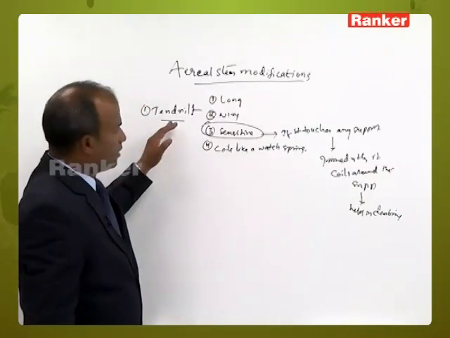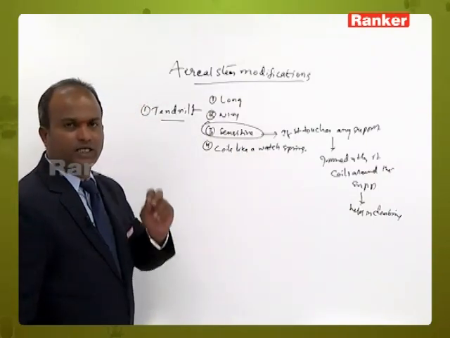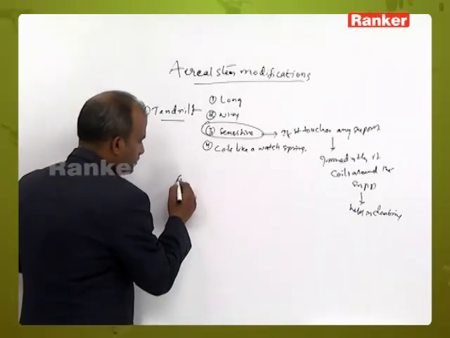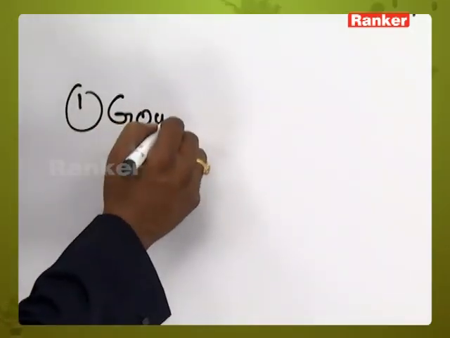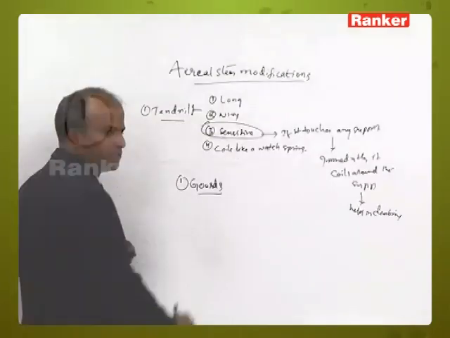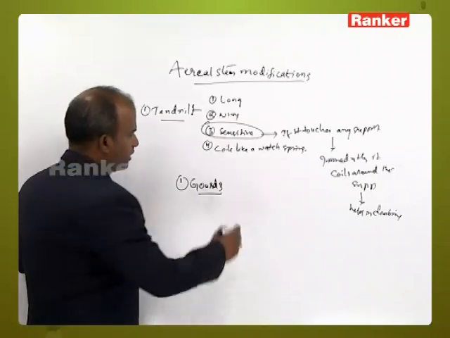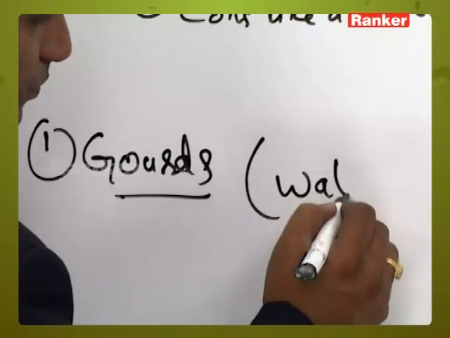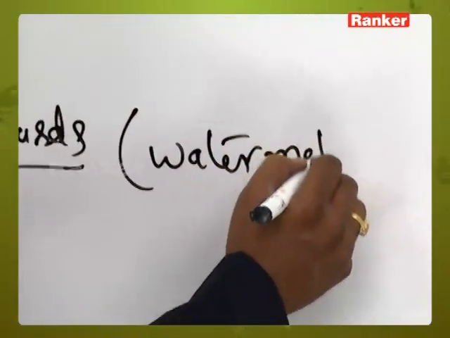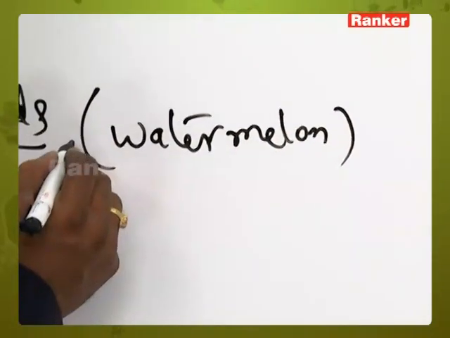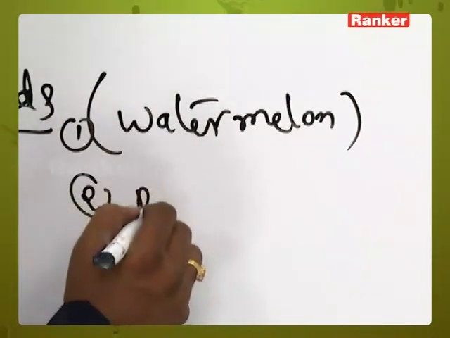And can you tell me what are the examples of tendrils? One example is gourds. What are called gourds? First, watermelon. Second, pumpkin.